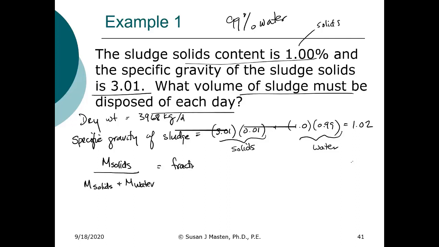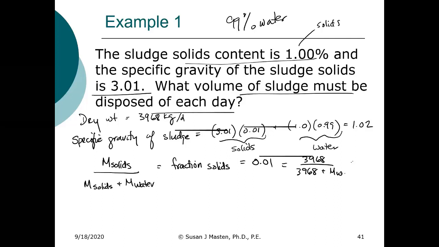The fraction of solids is simply the mass of my solids divided by the mass of the solids plus the water. This is equal to 0.01 because we said we had 1% solids. And this is equal to 3,968 over 3,968 plus the mass of the water.